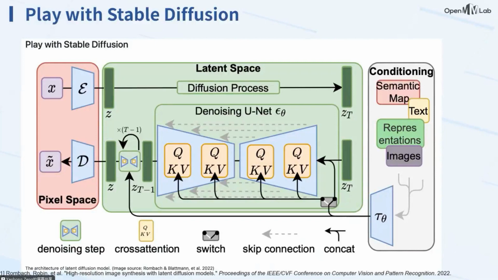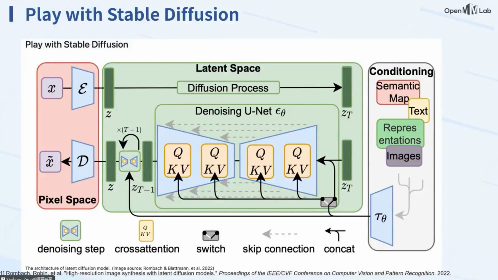In the latent space, there are 2 processes. In particular, the diffusion process is used to add noise to a clean latent, step by step, into a Gaussian noise. And in the denoising step, we train a denoising UNet, which takes a time step embedding and the noisy latent as input to predict the noise.